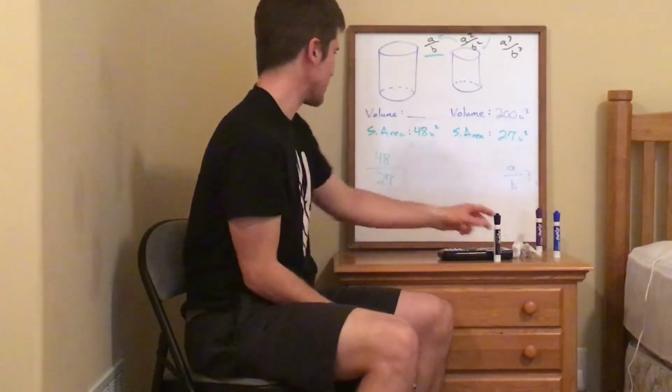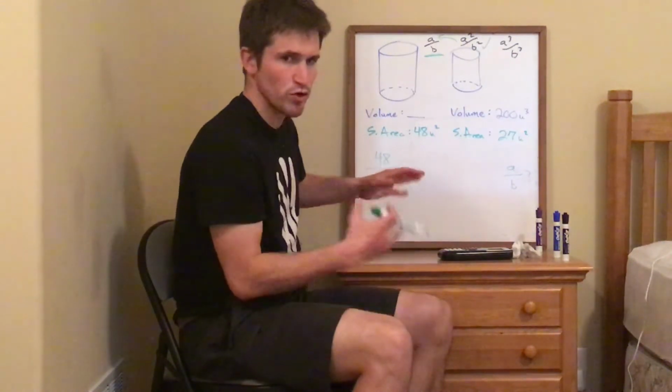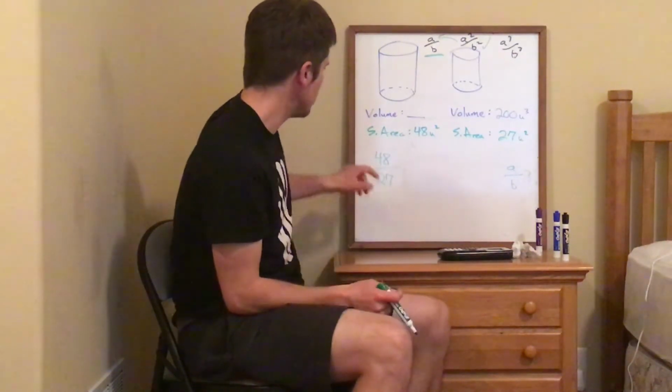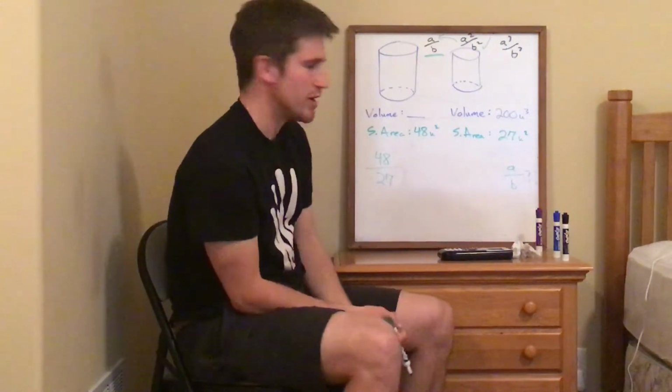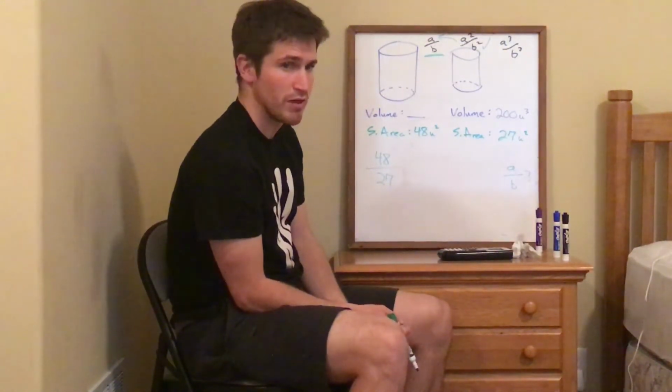I don't know what the square root of 48 is, or the square root of 27. So I'd like to reduce the fraction if I can. They're both not even numbers. I think 3 goes into both of them.